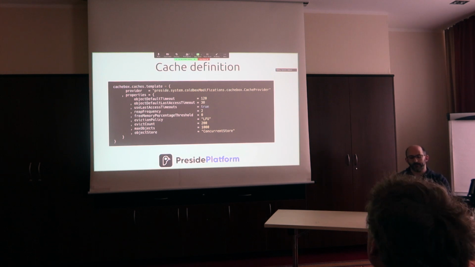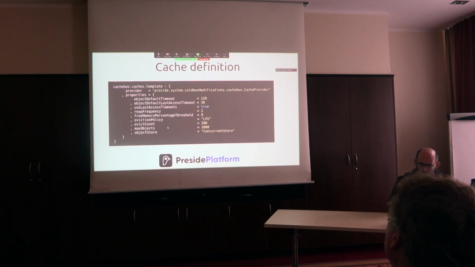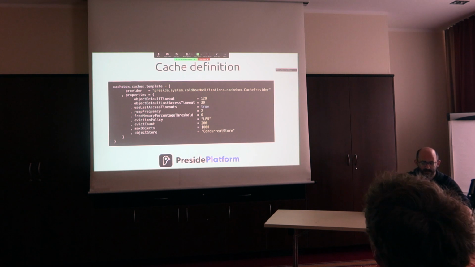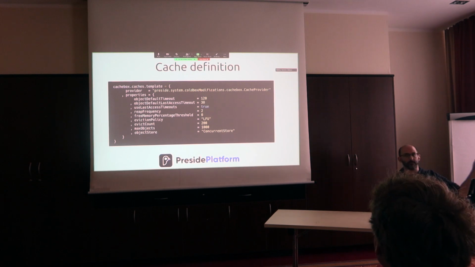Basically, if you're providing your own Cachebox provider, these configurations are going to be entirely up to you. But there's a load of things that you would think you're going to need for caching in there. I'm not going to go into it in any more detail. It's just a cache that is defined and can be used and has the same interface no matter what implementation you're using.